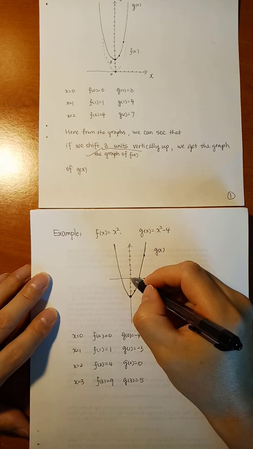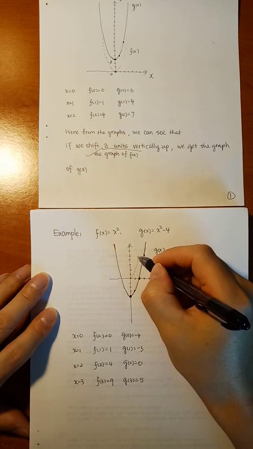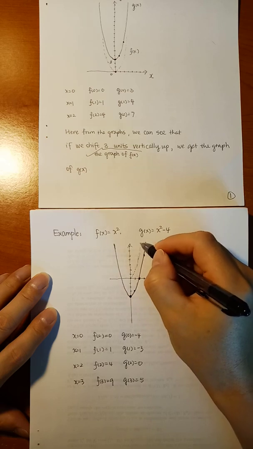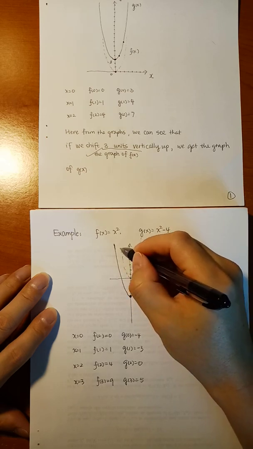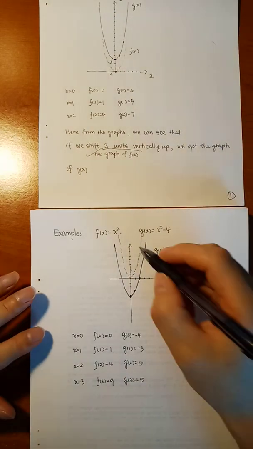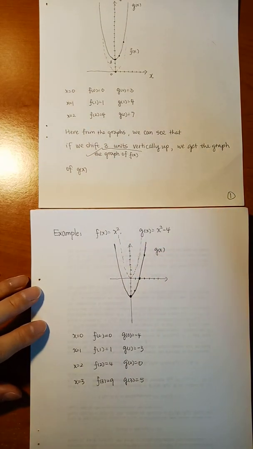And the graph of the original function is like this, the graph of f(x).